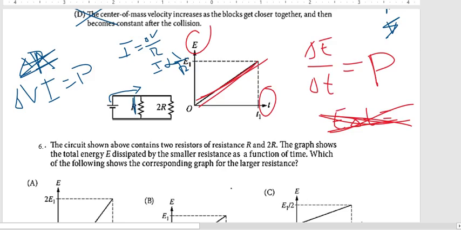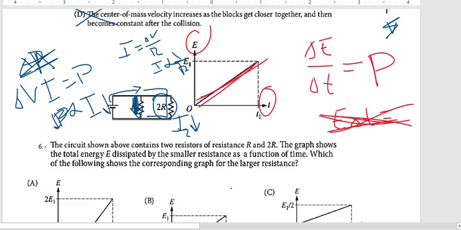So you're going to have a bigger current going through the less resistance here and a smaller one here, and they'll join back up. So that means that the current going through 2R is going to be less. Since power is directly proportional to current, if we have less current, we're going to have less power.